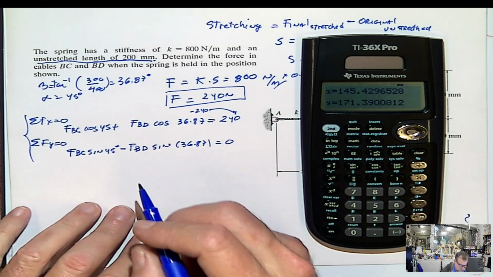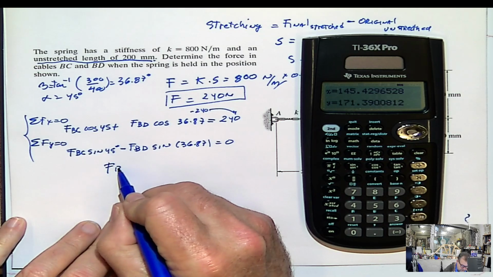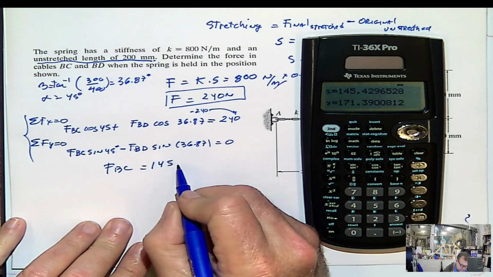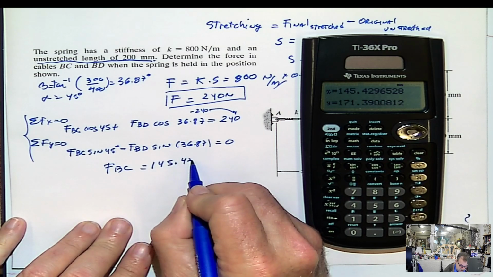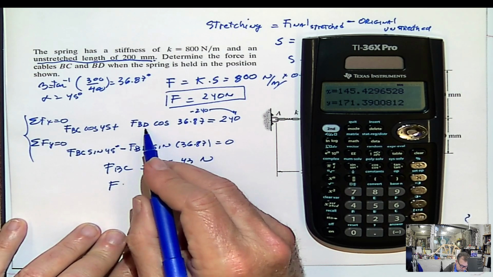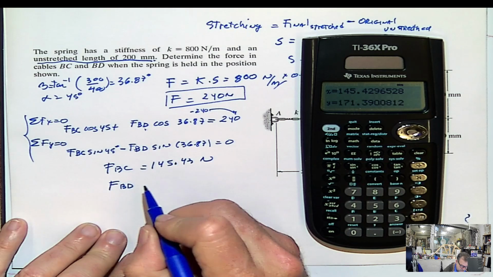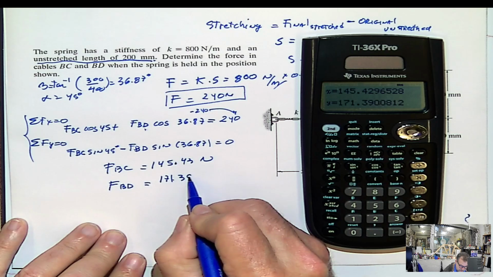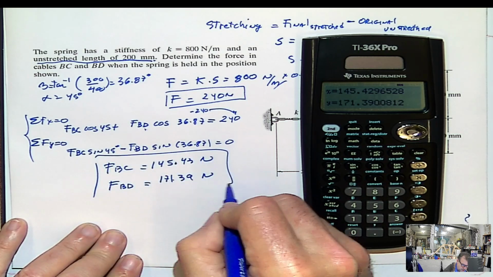Solve. FBC, which is x, is 145.43 Newton. FBD, which is y, is 171.39 Newton. Booyah!